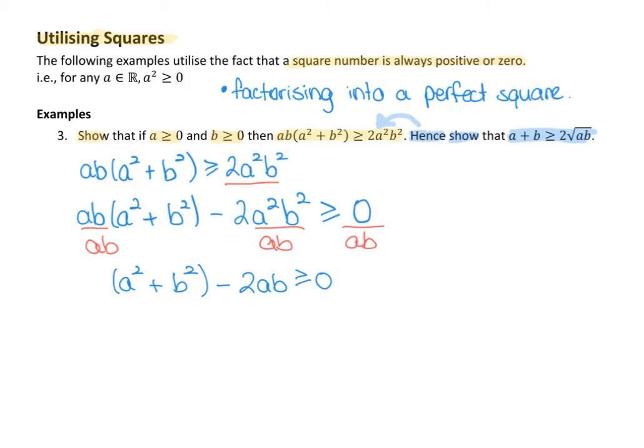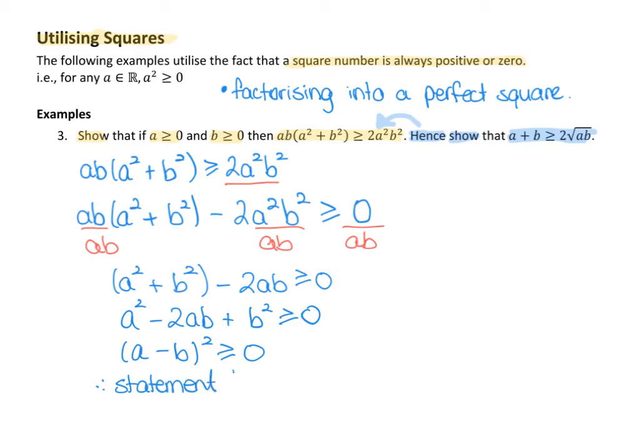Okay, which looks very similar to the previous question that we just answered, in that we have a square number minus two lots of that number multiplied by another value, plus the square of that second value, which can be factorised into this perfect square, giving us a value that is always greater than or equal to 0. So that's the first bit proven.